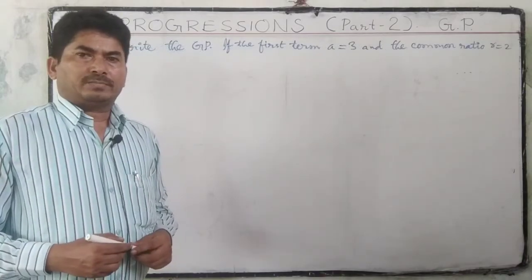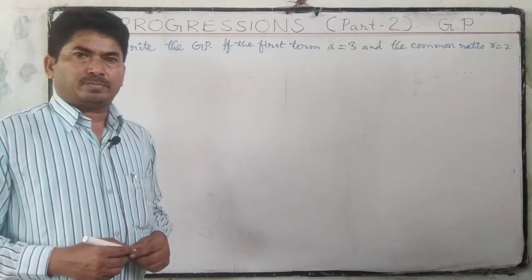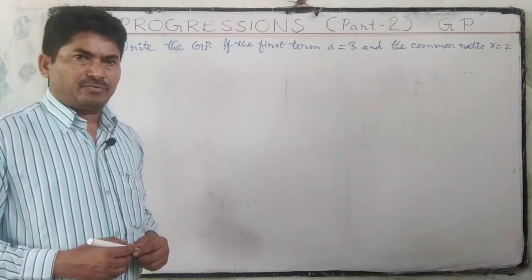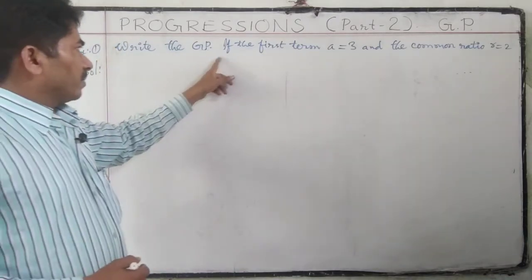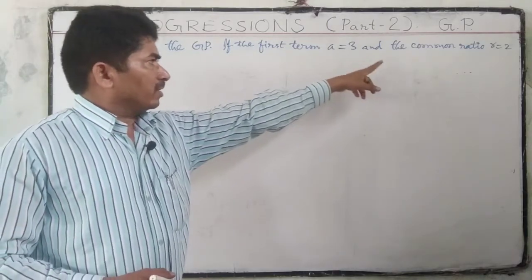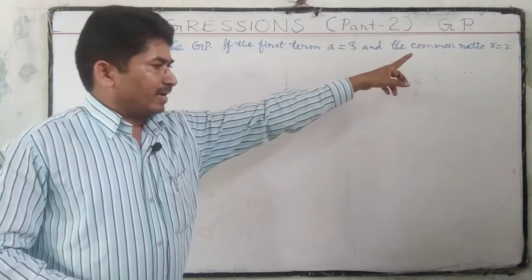To understand geometric progression clearly, let us see a few examples. Example 1: write the GP if the first term a is equal to 3 and the common ratio r is equal to 2.